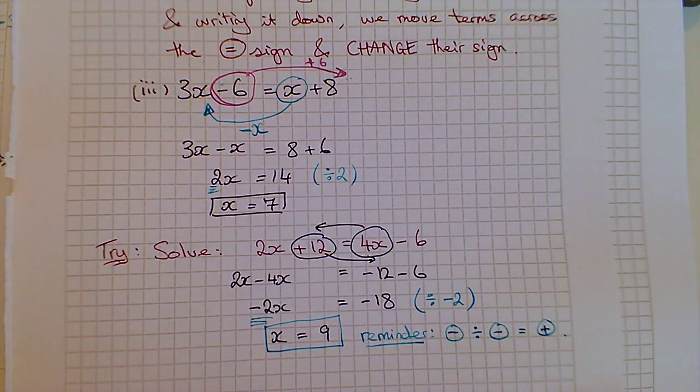Okay, let's try a slightly harder example that involves some of the algebra that we did earlier, where we're multiplying out brackets. So this is example 2.